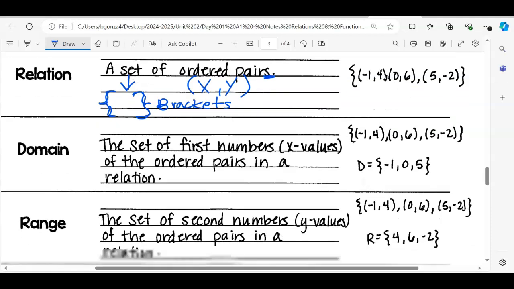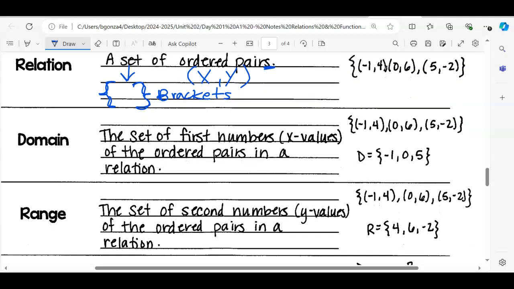Have y'all heard of domain and range? Maybe, maybe not. Well, you got to know it for sure from now on. So domain is the set of x values. Domain is x, okay? If they're points, you can write those ordered pairs in a relation. It's the x values in the ordered pairs of a relation. Range is y, okay?